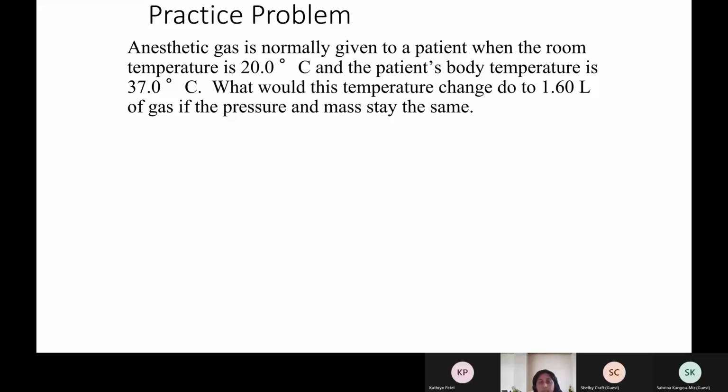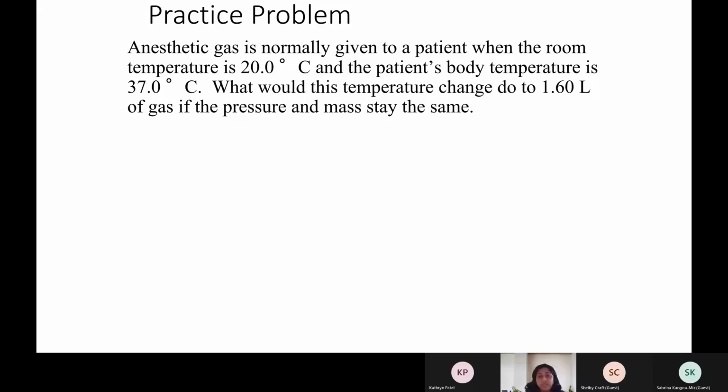Anesthetic gas is normally given to a patient when the room temperature is 20.0 degrees and the patient's body temperature is 37.0 degrees Celsius. What would this temperature change do to 1.60 liters of gas if the pressure and mass stay the same?